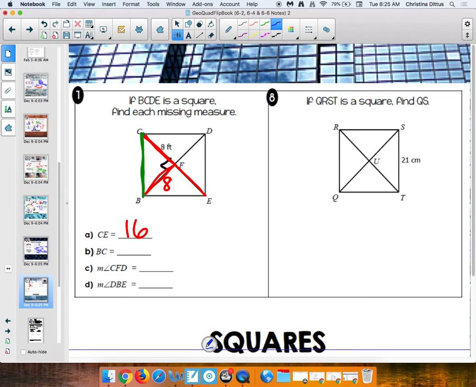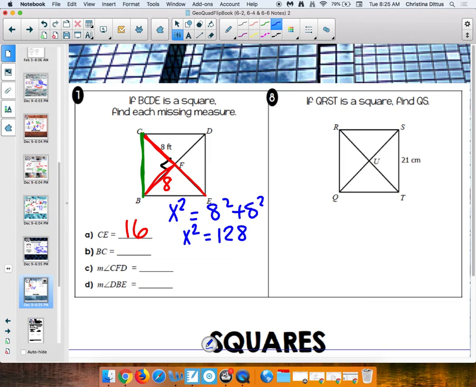No. So I gotta go x squared equals 8 squared plus 8 squared. 64 times 2. Math. 128. So how would I find x? Square root.